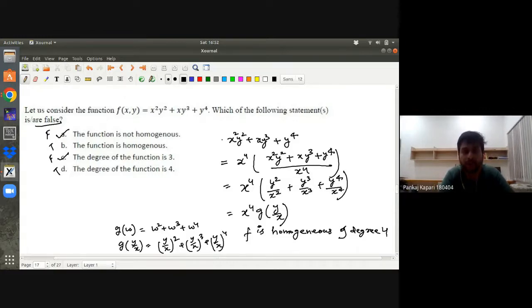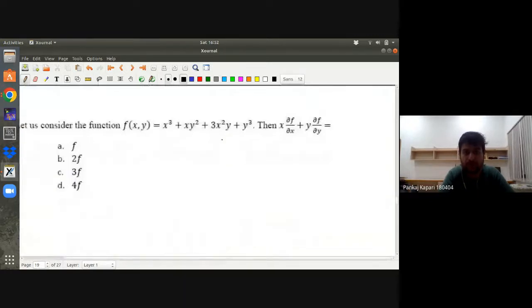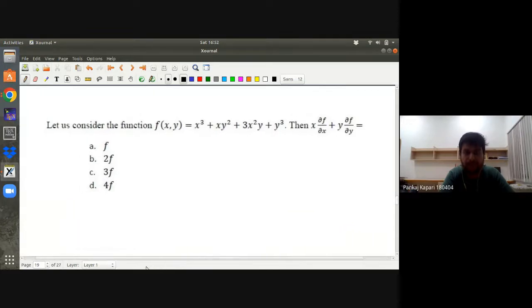If there are no other questions, then let's move to the next problem. So you can see what the problem is. Here a function is given, and you have to find the value of this expression.